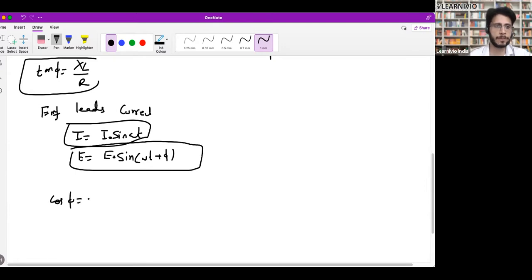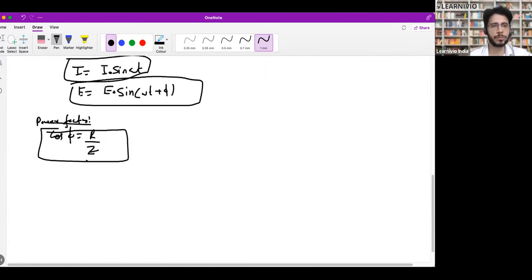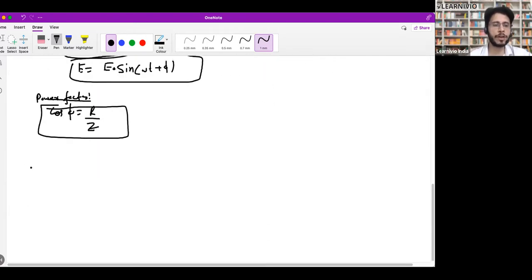This is power factor. This is impedance. You can also calculate average power.